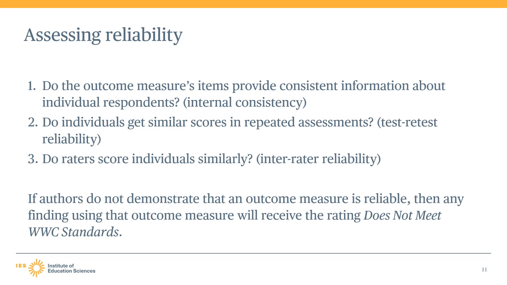It is important to note that researchers often only report one of these types of reliability estimates. If the authors do not demonstrate that the outcome measure is reliable using at least one of these methods, then any finding using that outcome measure will receive the does not meet WWC standards research rating.